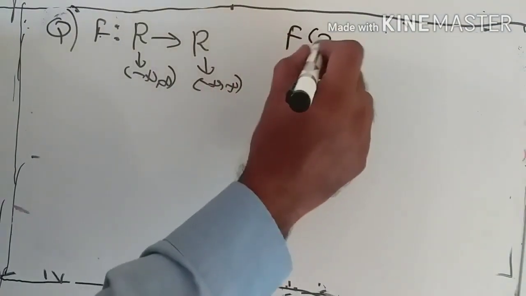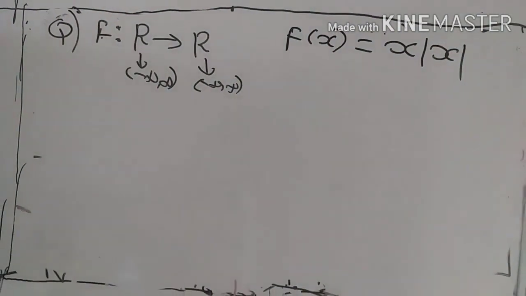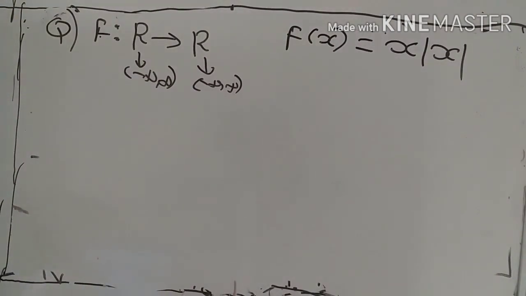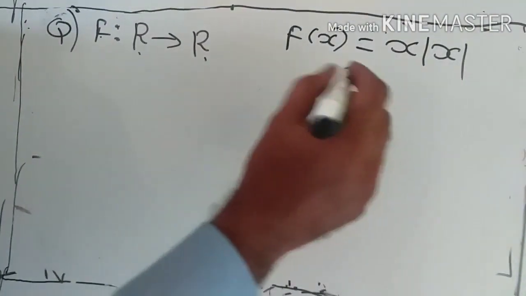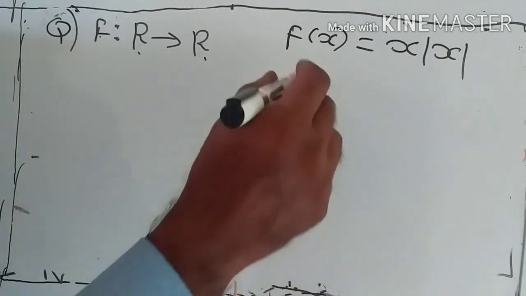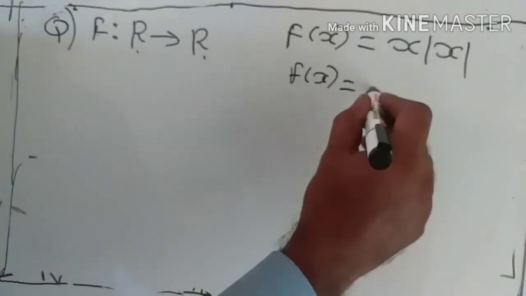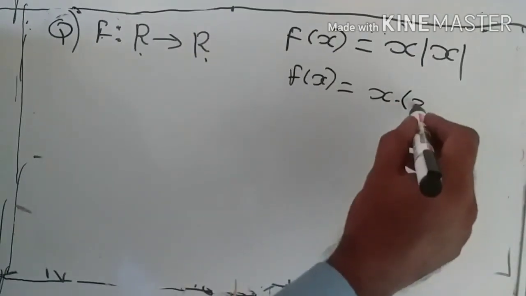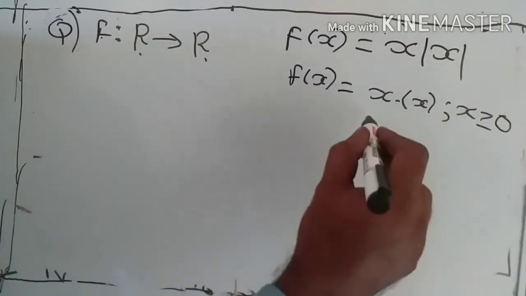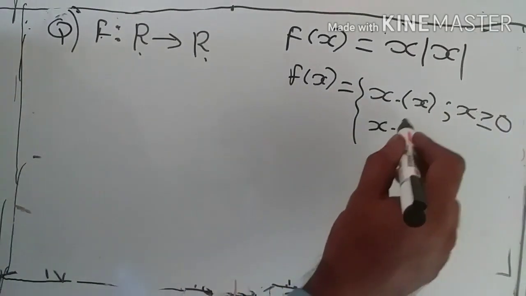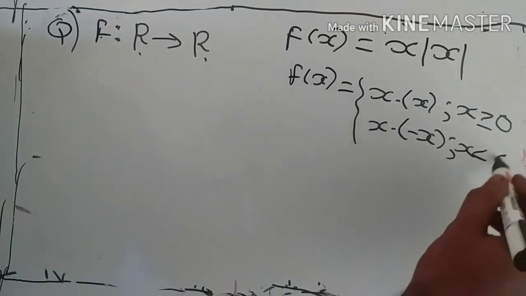f of x is equal to x mod x. So f of x is equal to x into x for x greater than or equal to 0, and x into modulus x equals minus x square for x less than 0.